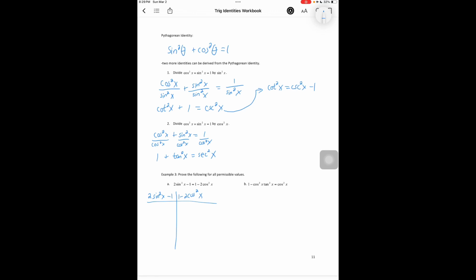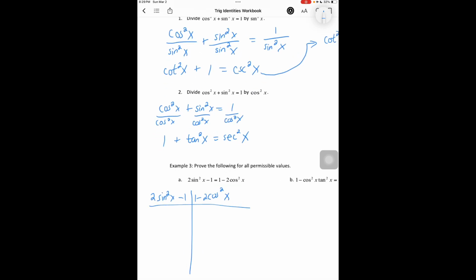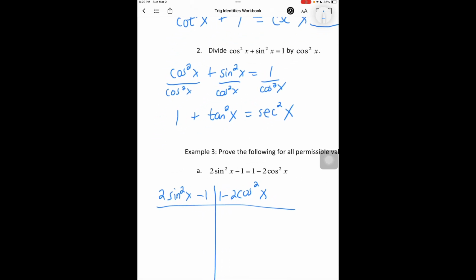So here, 2 sine squared x minus 1. Let me think about how I would approach this. What I would do is check on the left side, that's what I choose to start with. What can I change here?